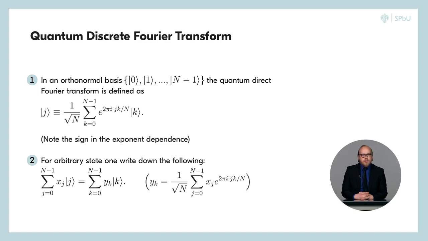In this equality, the amplitude yk is the classical inverse discrete transform of the amplitude x. It is easy to see that if we substitute the expression of yk into the resulting equality, from the left and the right, we get the same expression.